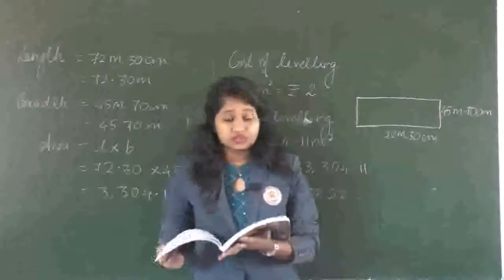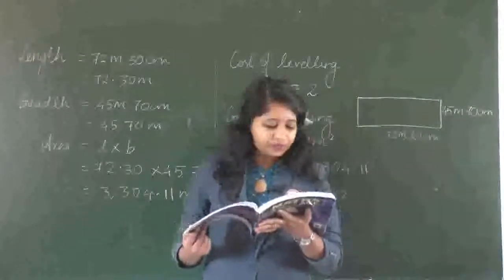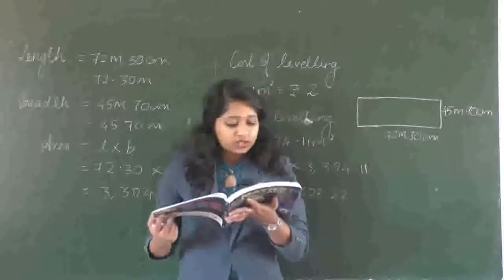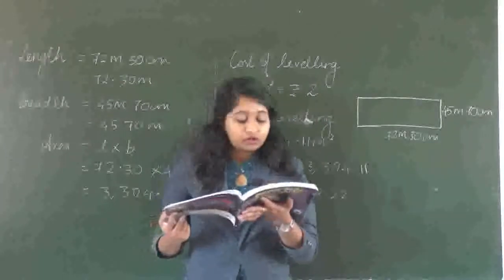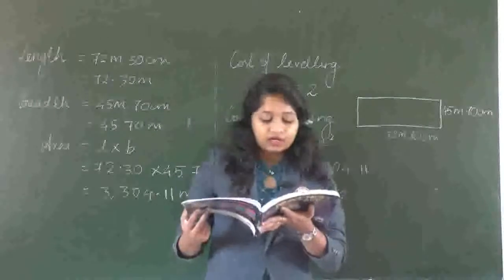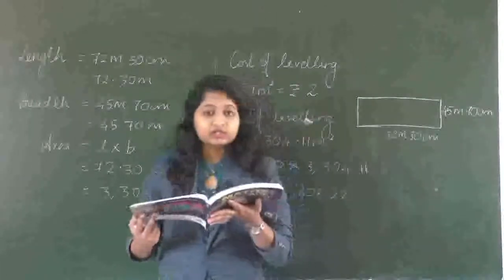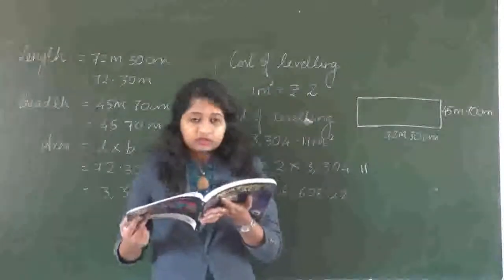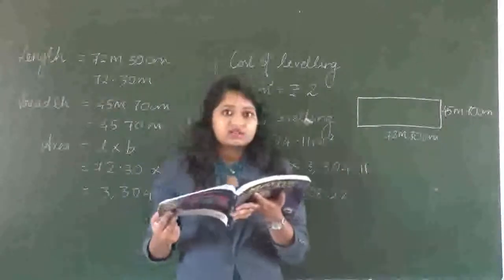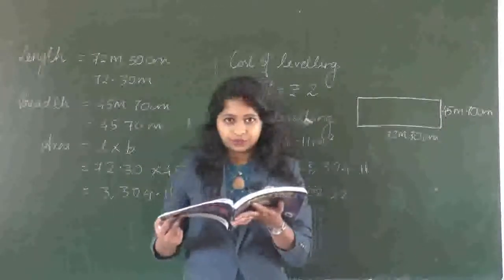Now let's see one question related to area. The question is, the length and breadth of a rectangular garden are 72 meter 30 centimeter and 45 meter 70 centimeter respectively.